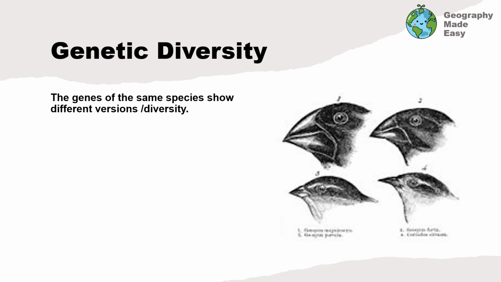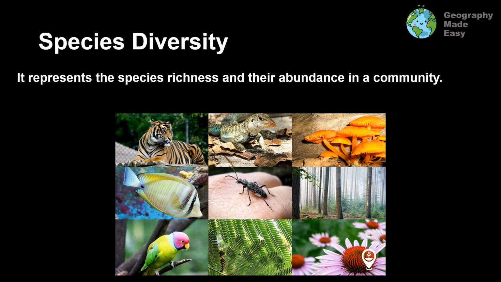We have Darwin's finches, which is the example I have picked up. Same species, but we can have varieties of the bird. This is seen in the animal kingdom very commonly, so this is one of the types of genetic diversity which is present.